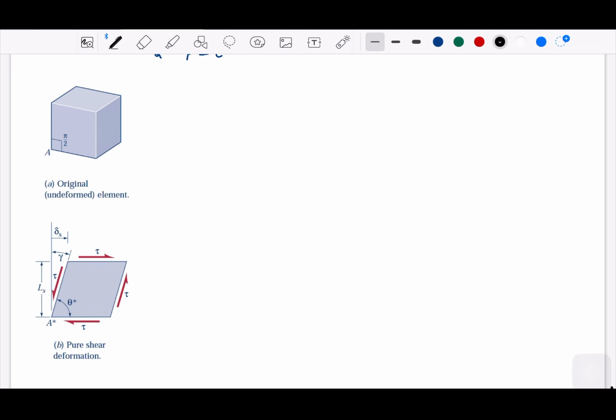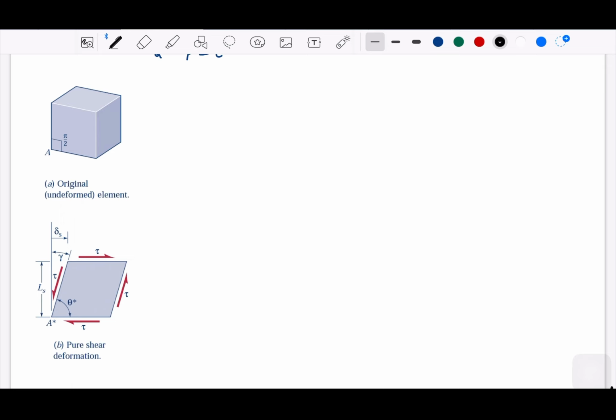Now we have the gamma. This is how much this line moves after we apply the force. And then we have the delta here. This is the new distance for this part.